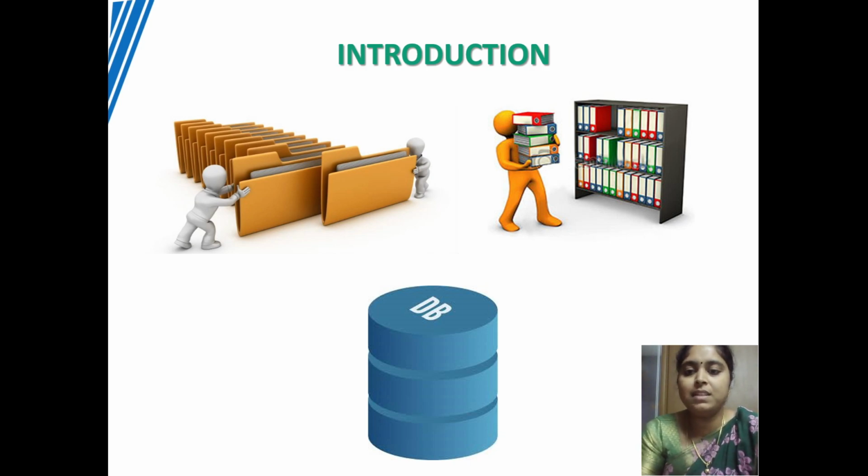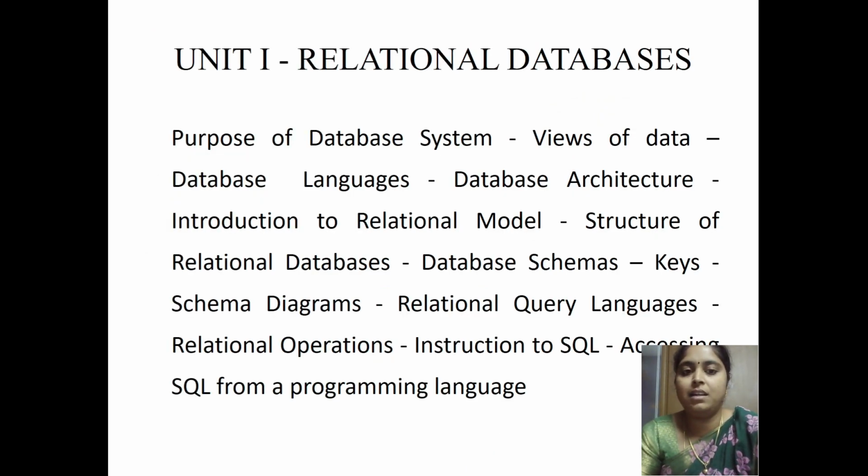First, let's see the syllabus. The first unit is relational databases. In that we study the purpose of database systems and views of data, then database languages, what languages we can use in a database, then database architecture, then relational models, then the structure of relational databases, database schemas, the keys we can use, and schema diagrams, relational query languages, relational operations.